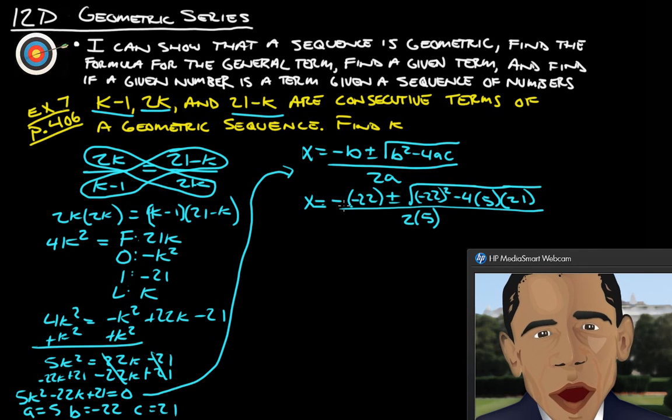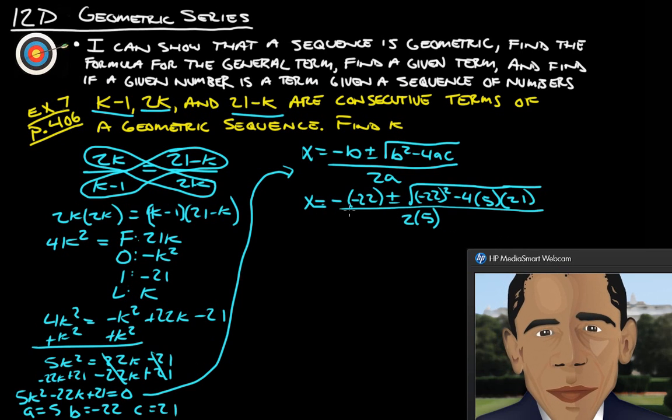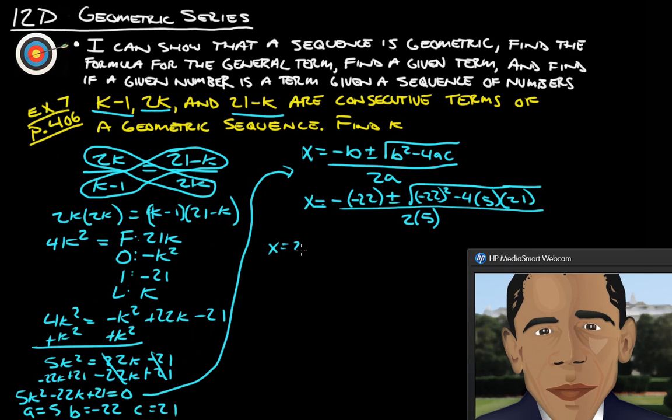Now I know a lot of you are saying that does not look very pleasant, but it's either this or trying to factor it, and I don't think factoring is going to be a whole lot easier than this. So I'm just going to plug it into the quadratic and see what we get. Let's use our calculator. We know that negative negative 22 is simply 22.